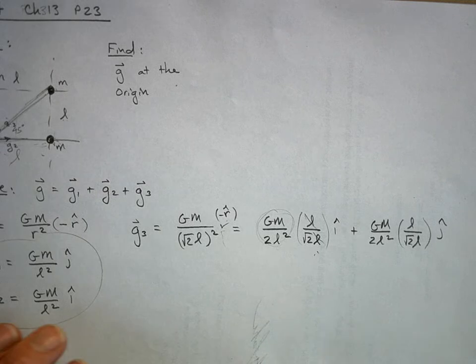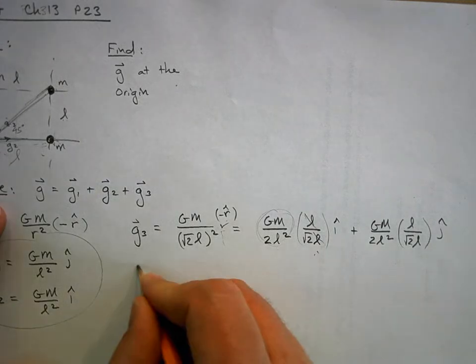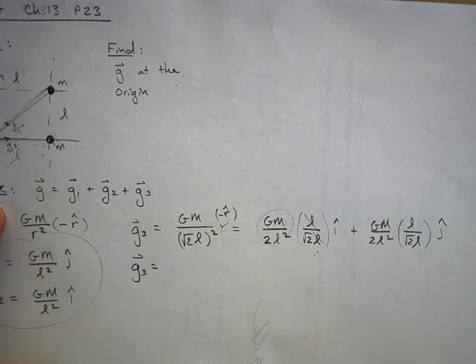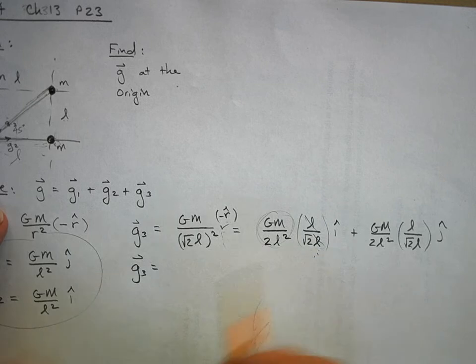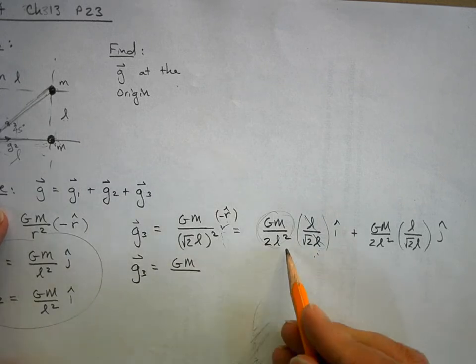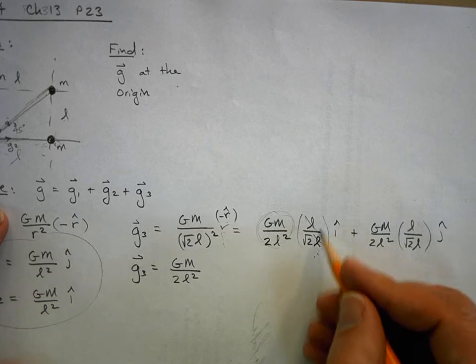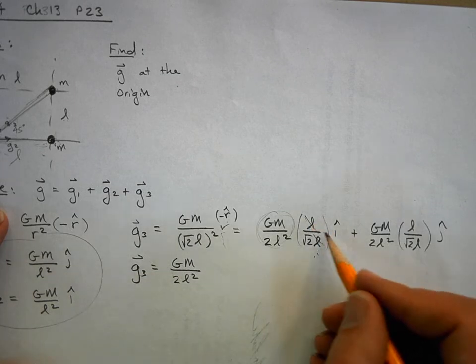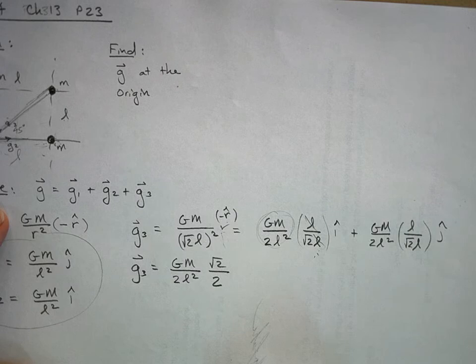Well, this is kind of messy. Let's clean G3 up a little bit. So this L goes away. You have Gm over 2L squared, but you have multiplied top and bottom by root 2, and you get root 2 over 2, and the I hat.